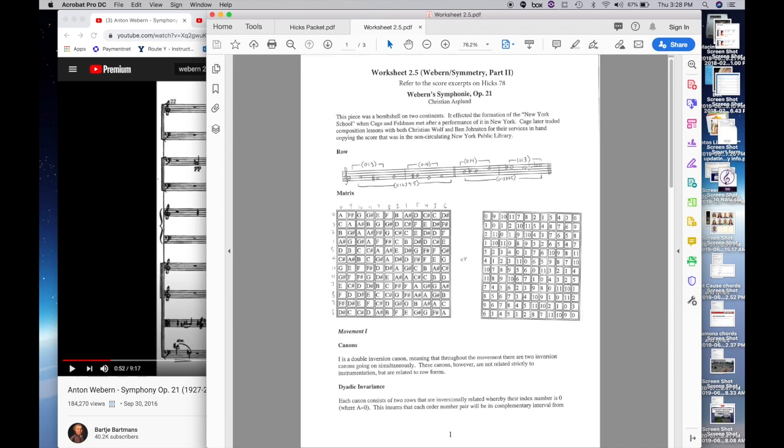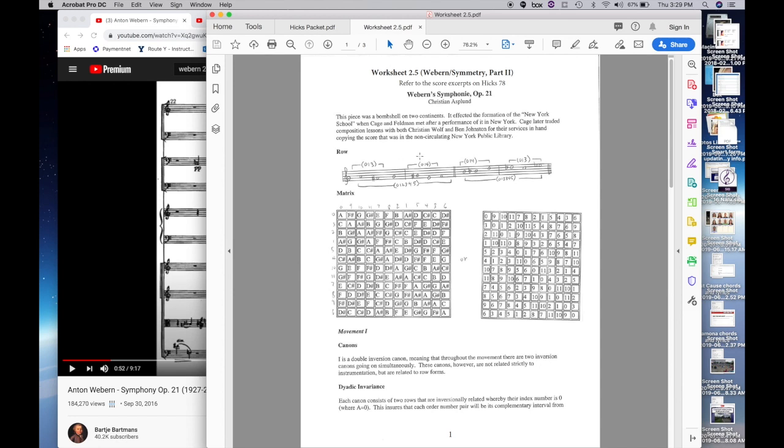And what's even cooler, vice versa, because of course the tritone, or 6 semitones, is symmetrical. It cuts the octave in half. It's a half of 12. So either way, if either one of these is transposed by 6 semitones and reversed in order, we get the other one. Okay?